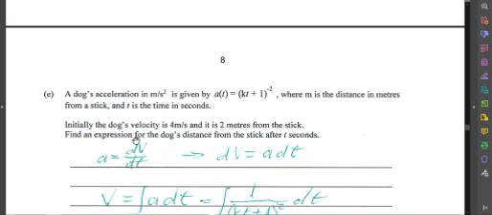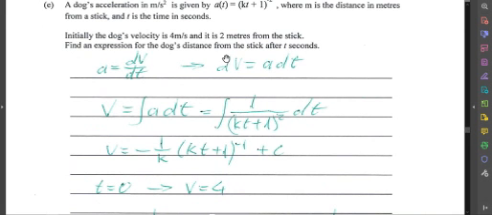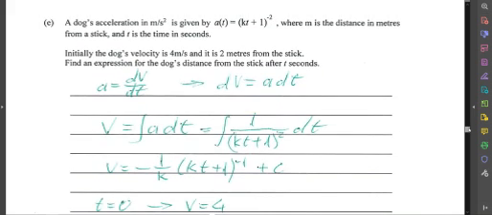So a is the rate of change of velocity over time. Therefore, I rearrange that, and I've got dv equals a dt. I've got an expression for acceleration as a function of time. I plug it in here by dt, and then when I take the integral on both sides, I'll have v equals the integral of a dt. That is to the power of -2.